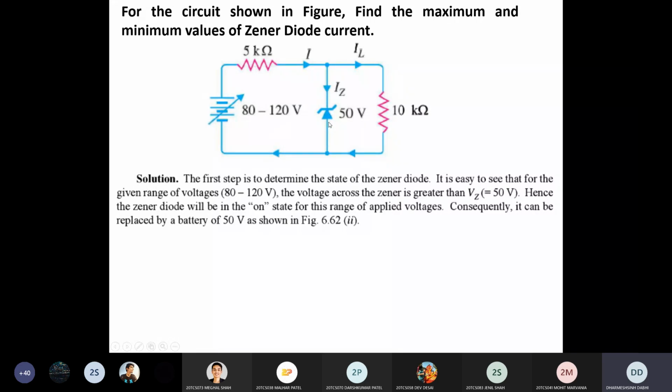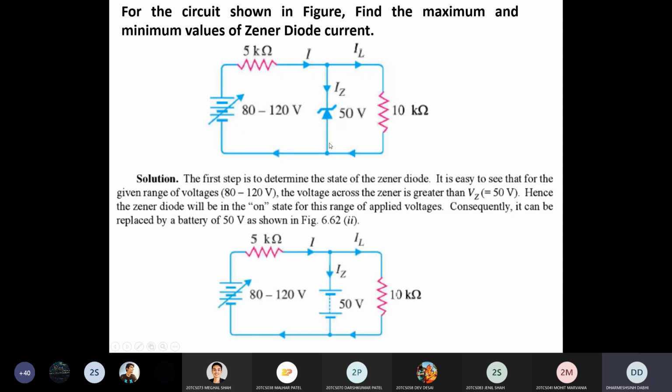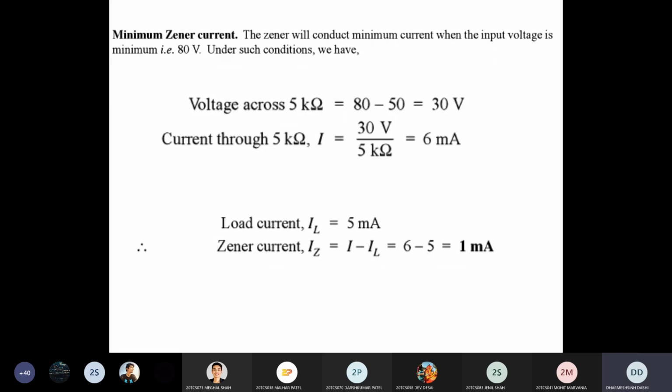So the Zener current IZ is I minus IL, which is 6 minus 5, giving 1 milliampere. Please write this down, all of you: Zener diode maximum current is 9 milliampere and minimum current is 1 milliampere.